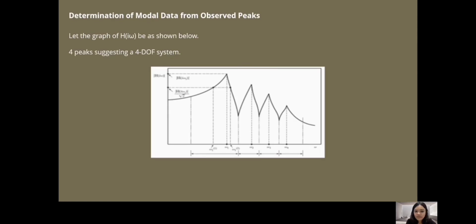So for determination of modal data from observed peaks, let the graph of H omega be as shown below. So we have here the 4 peaks suggesting a 4DOF system.